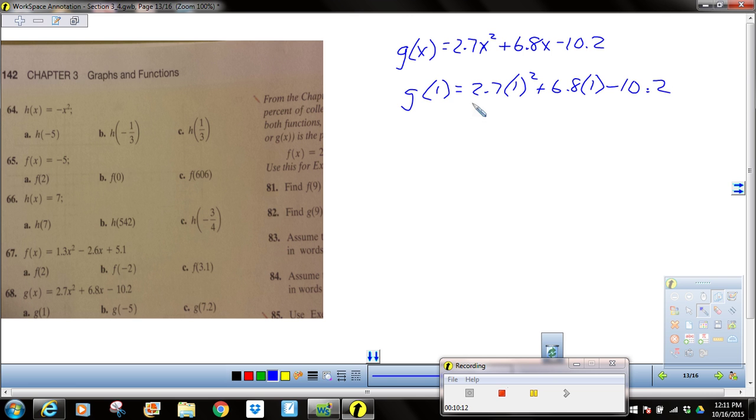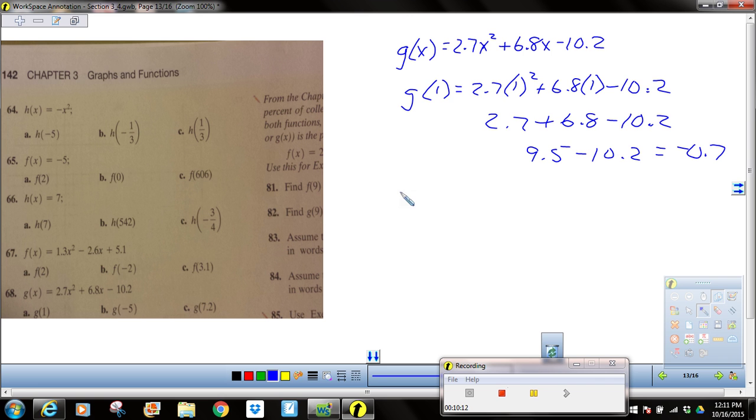I substitute 1 in for the x values. 1 squared is 1, so 2.7 times 1 is 2.7. 6.8 times 1 is 6.8. 2.7 plus 6.8 is 9.5, and when I subtract 10.2, I believe I get negative 0.7. So input of 1 gives us negative 0.7.